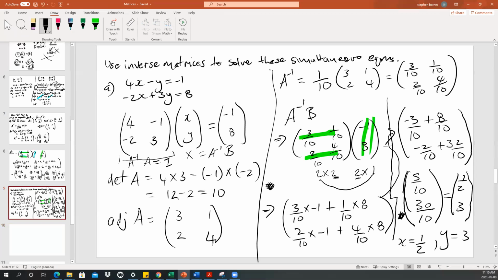Yes, that's it. Minus 3 plus 8 is 5, over the same denominator. Okay, I see where you're coming from. Good, at least you're paying attention, right?